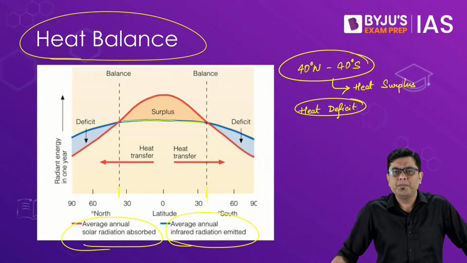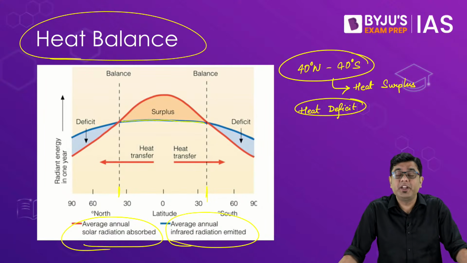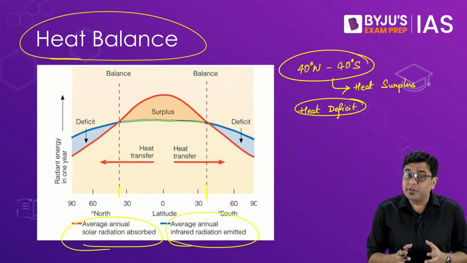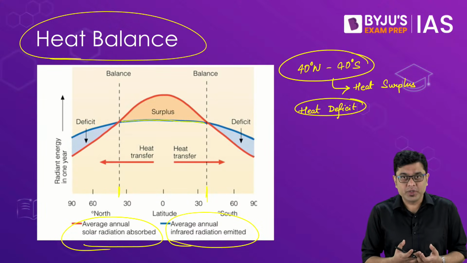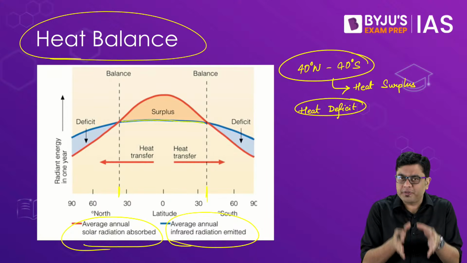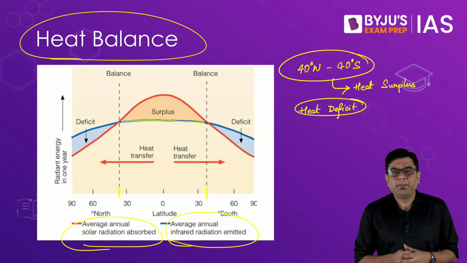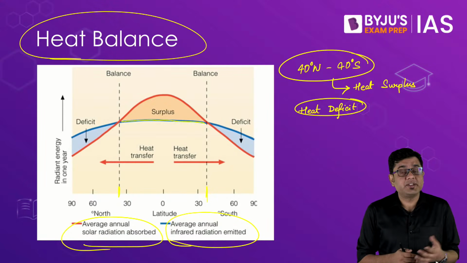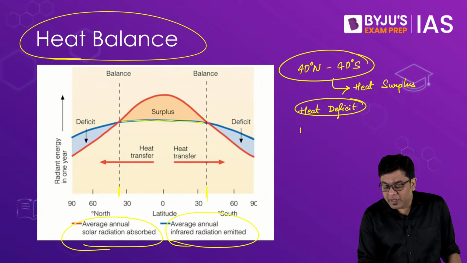Why is it so? Even despite the fact that it is a heat surplus, why is it that the temperature is maintained? That is because of various different agents of heat distribution. That surplus amount of heat in a region is carried over to the other areas of the planet with the help of various phenomena such as atmospheric circulation in the form of the permanent wind systems, right?